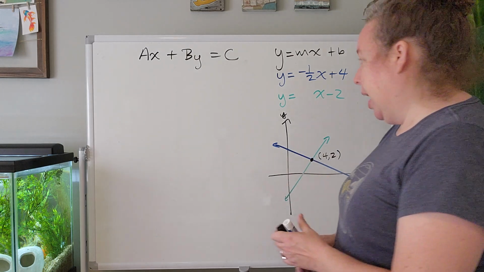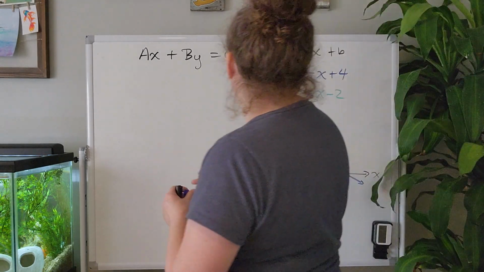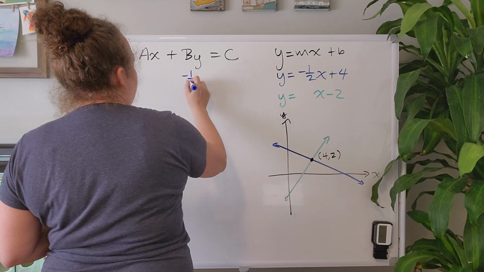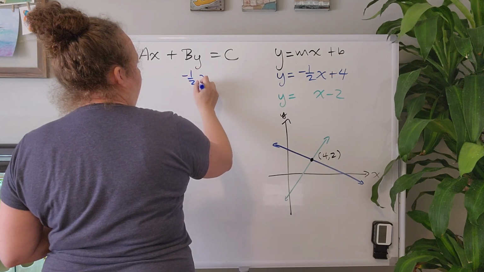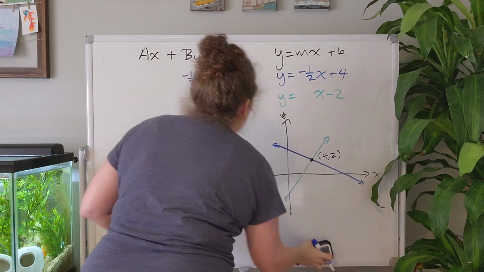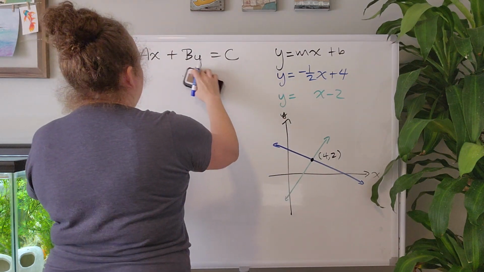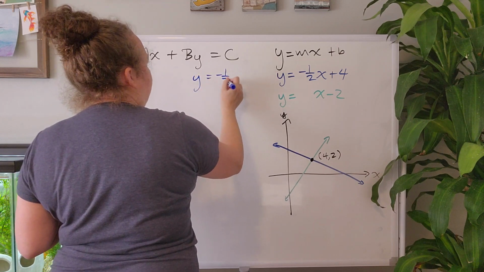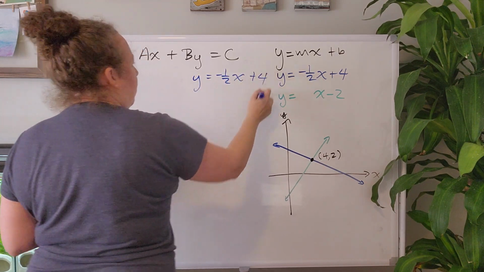So first, let's go ahead and rewrite our equations in standard form. Let's start with what we got here. We've got y equals -1/2x plus 4.